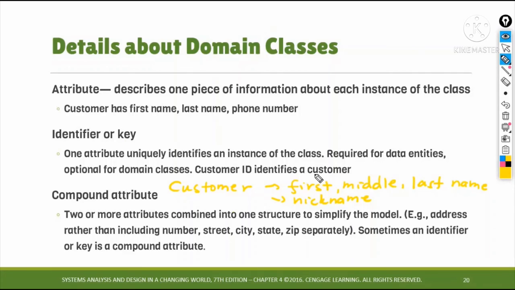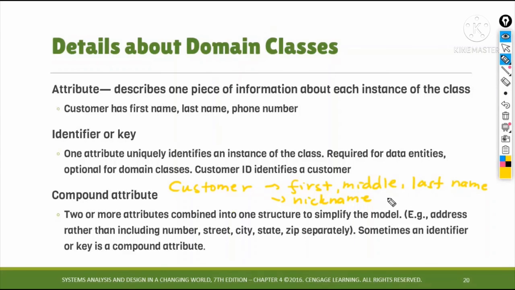So a compound attribute is an attribute that contains a collection of related attributes. So an analyst may choose one compound attribute to represent all these names.